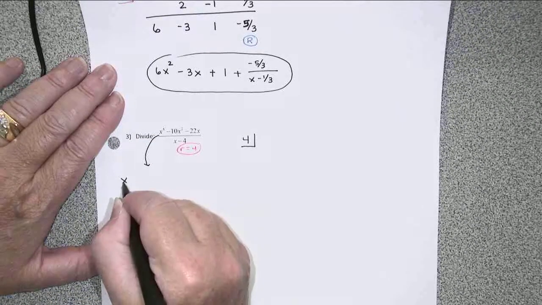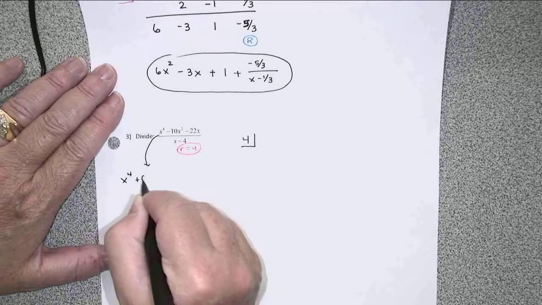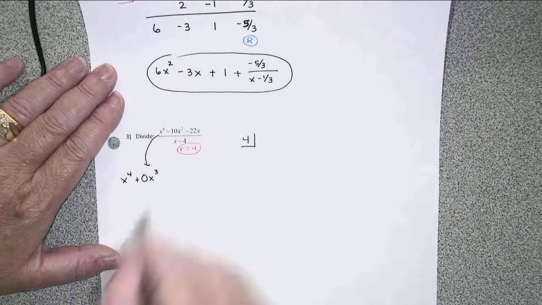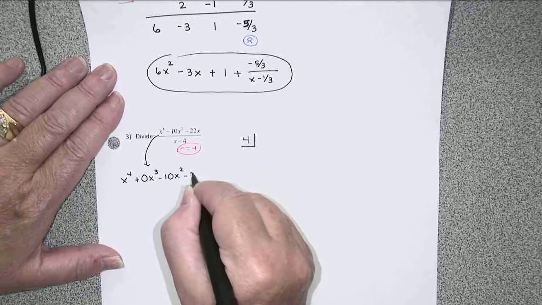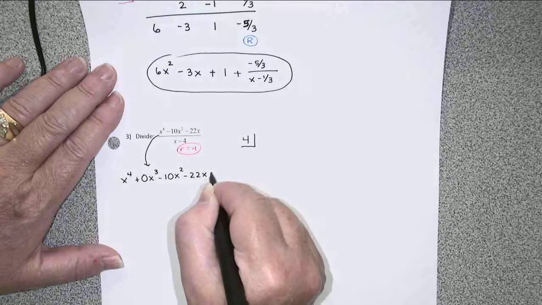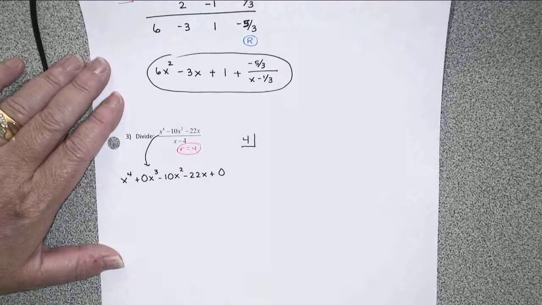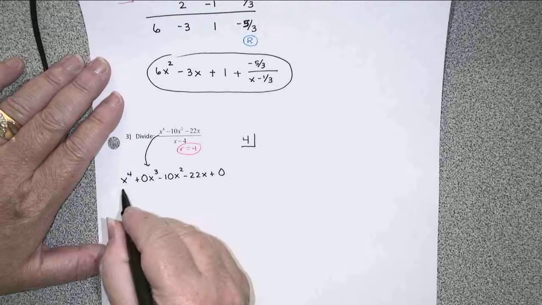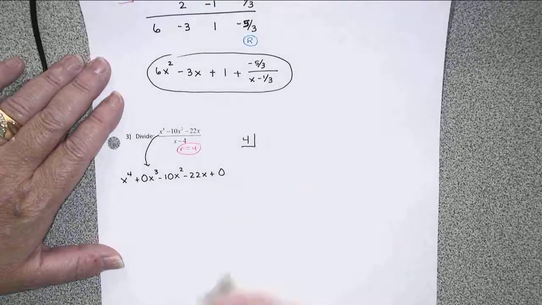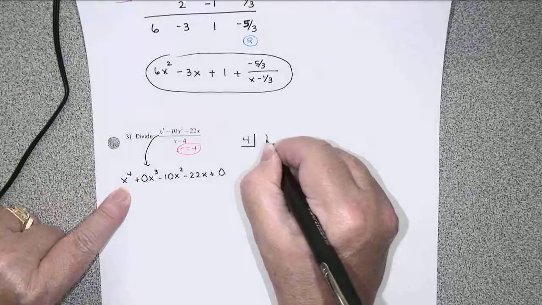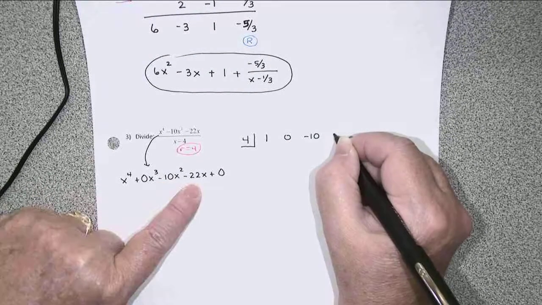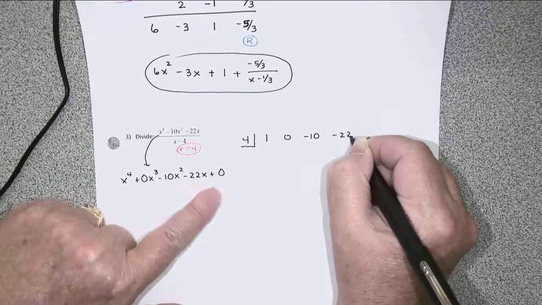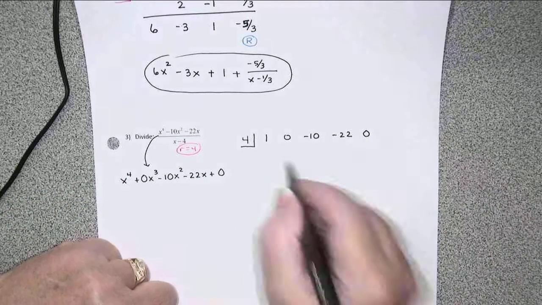So I'm thinking, okay, x to the 4th, but I would have 0x cubed, and then -10x squared minus 22x plus 0 for the constant term. So I'm going to put all of those into my synthetic division. 1, 0, -10, -22, 0.